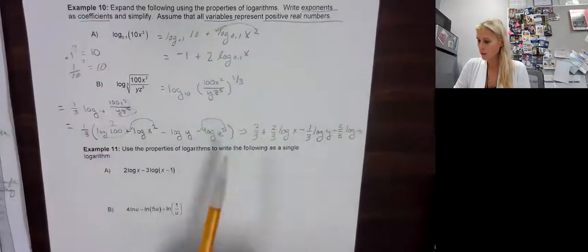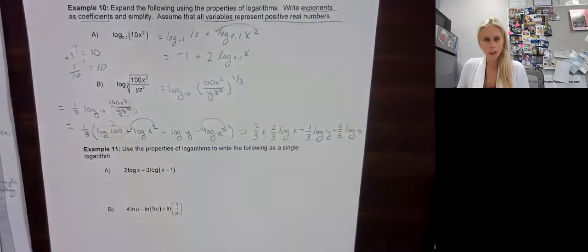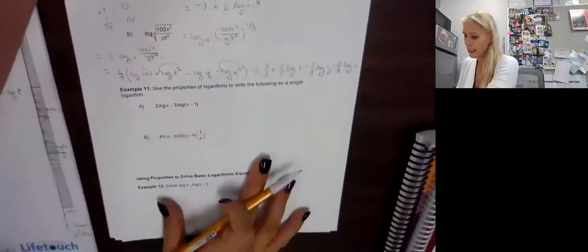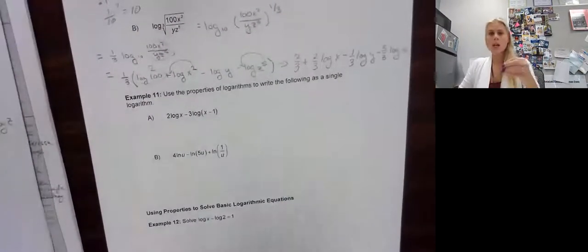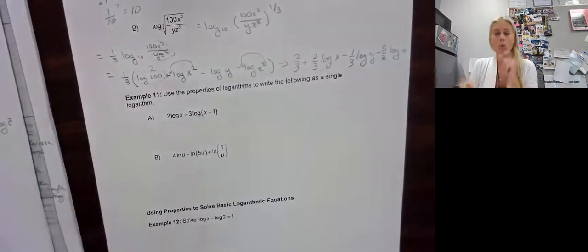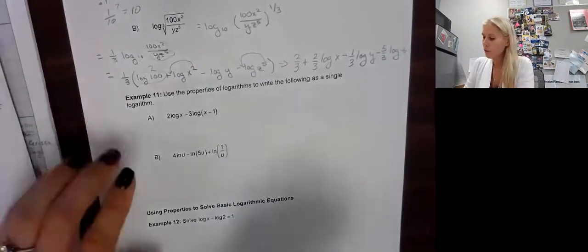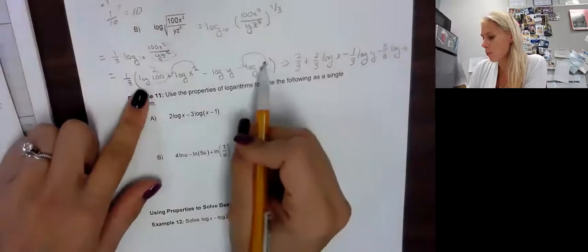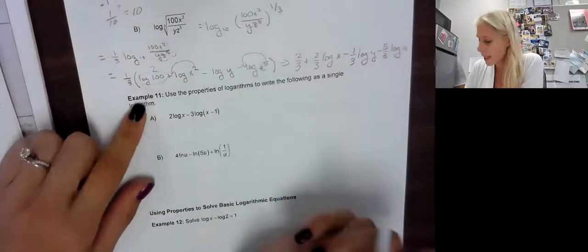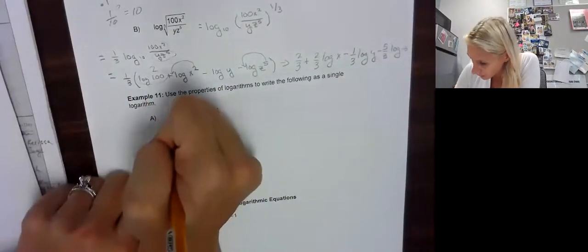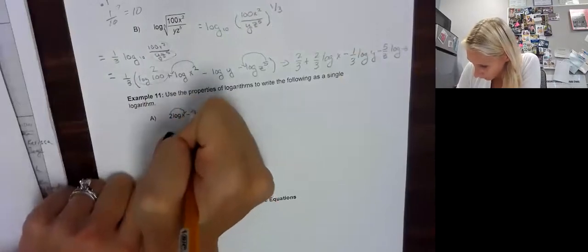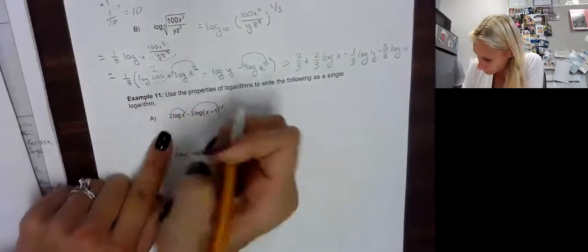Exponents are coefficients. Awesome. Okay. Now we're going to use the properties to condense. So we're going to make one logarithm or one ln, okay? So the first thing, remember the last thing we did was put the exponent out front. So then the first thing you're going to do is move that exponent back.